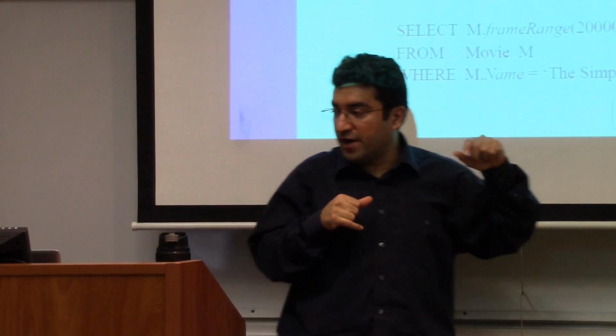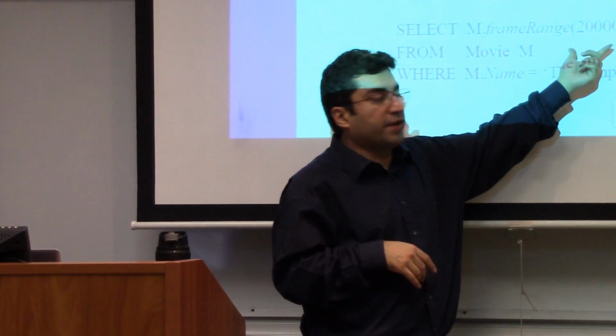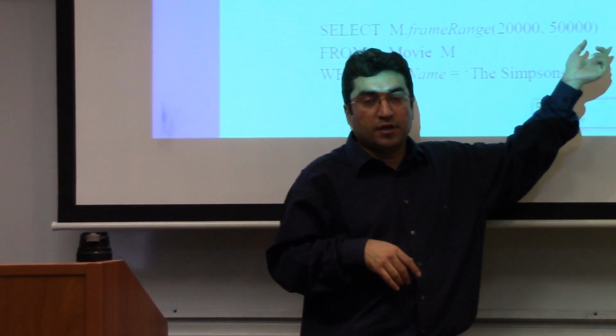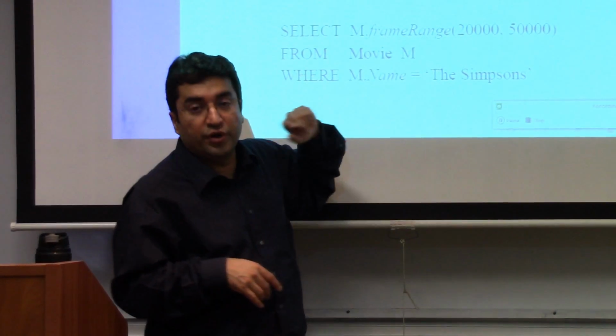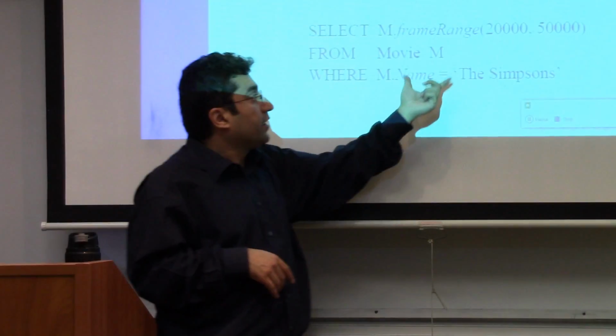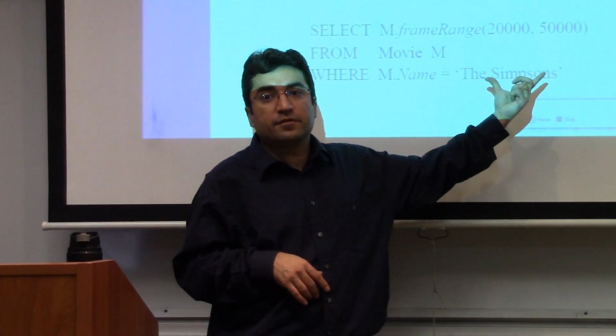For example, suppose that you have a database of movies. Okay, a movie, regardless of how we store this, is a file of frames. If you define a function frame range from some specific frame to another specific frame, then when you call this query, basically movies of Simpsons, the Simpsons will be retrieved.